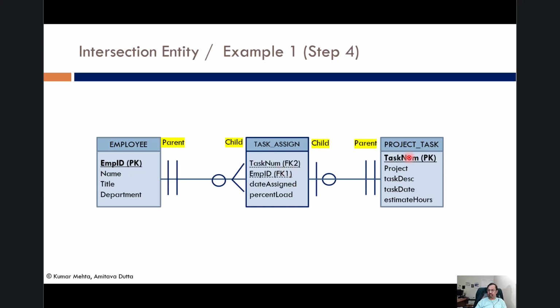I take the primary key of the parent, in this case project task's task number, and I move it over as a foreign key of the child. So here's task number. Since there are two relationships in this picture, we have two foreign keys. Task number connects this intersection entity to project task. Employee ID connects the intersection entity back to employee.